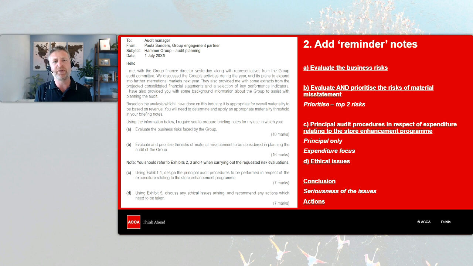And then within my ethics, my little reminder note here is about what the conclusion is. Right? Here, it says discuss the ethical issues that are arising. And by discuss, it kind of means tell me if they're a big deal or not a big deal, right? Backwards and forwards. Big deal, not a big deal. And overall, I need a conclusion to say, this is a particularly serious matter because of this.